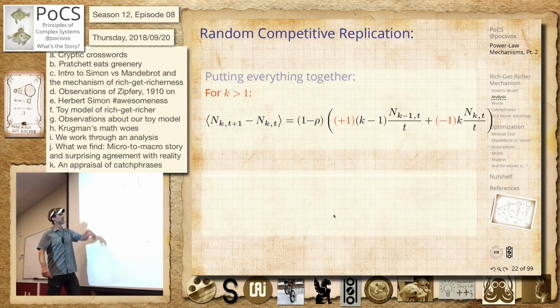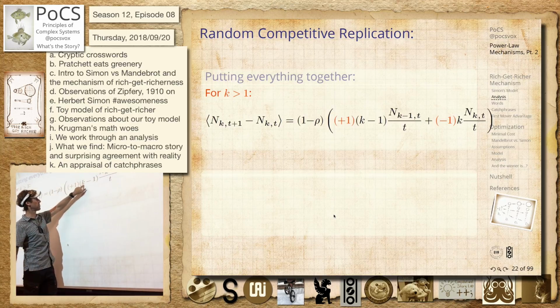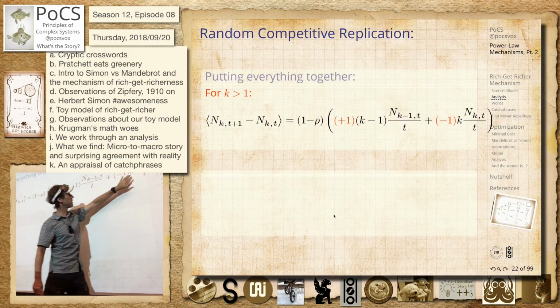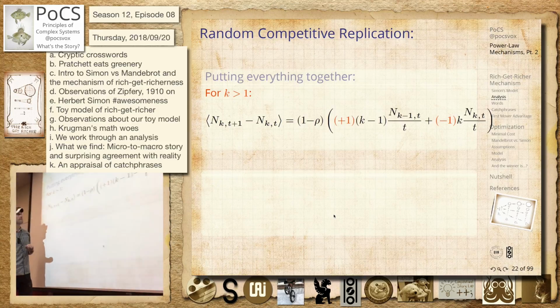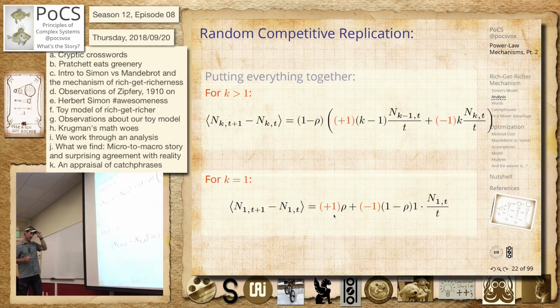So, group of size 12: a group of size 11 moved to a 12, or a 12 moved to a 13. We lose 1 in that case. We get 1 in this case. So this is all true. The lies begin soon. And for k equals 1, we have a slightly different thing.